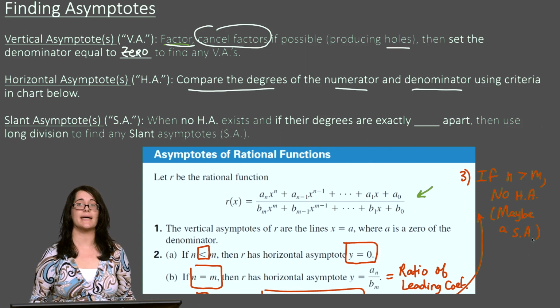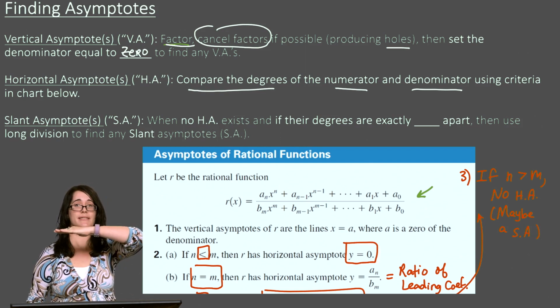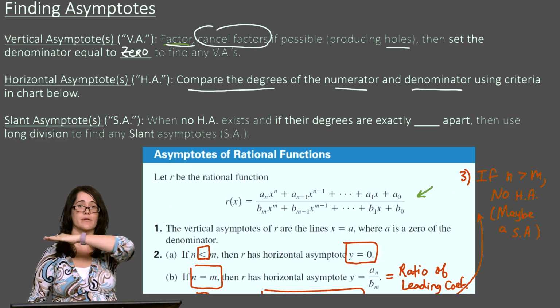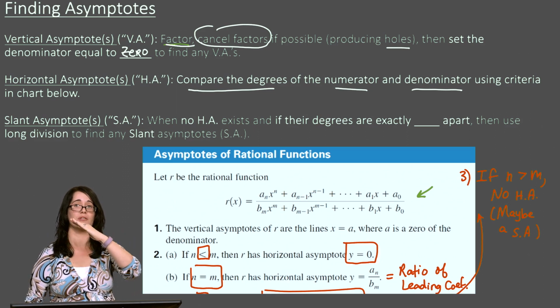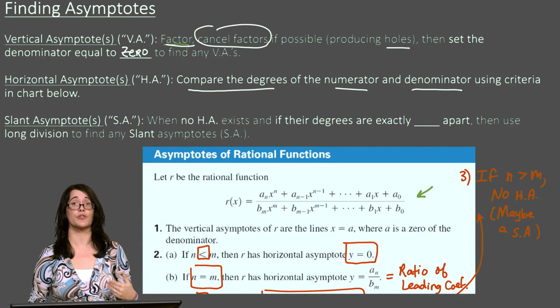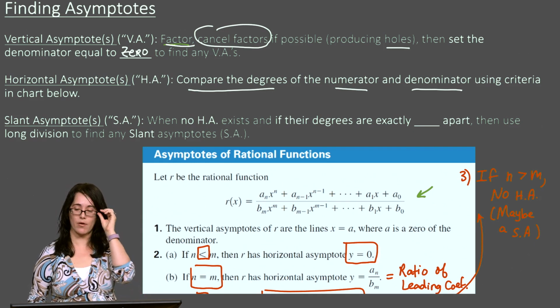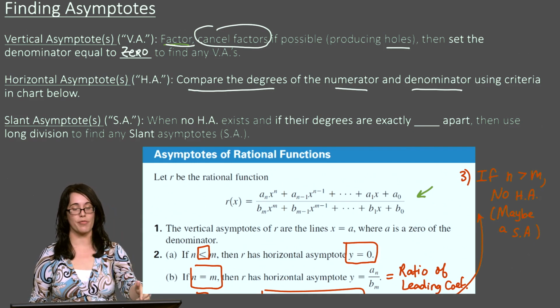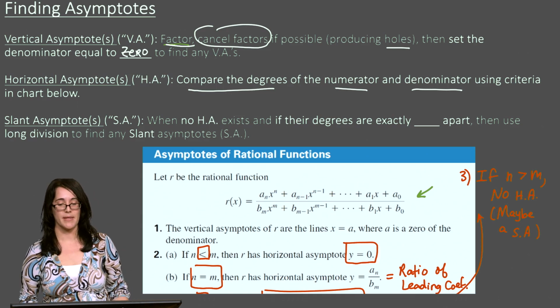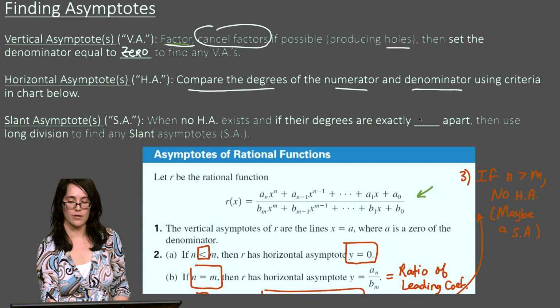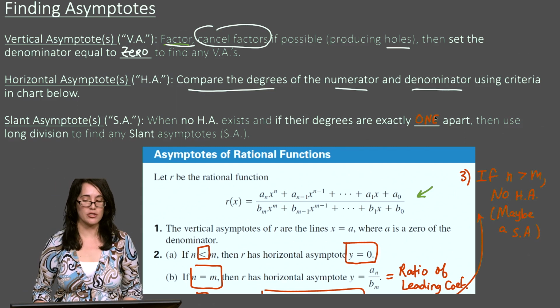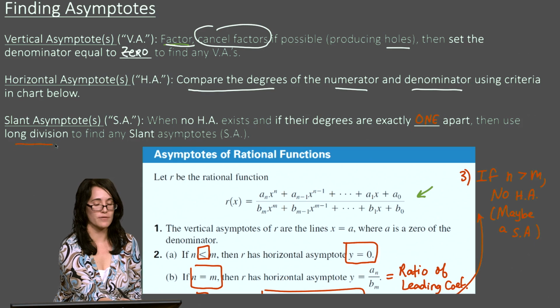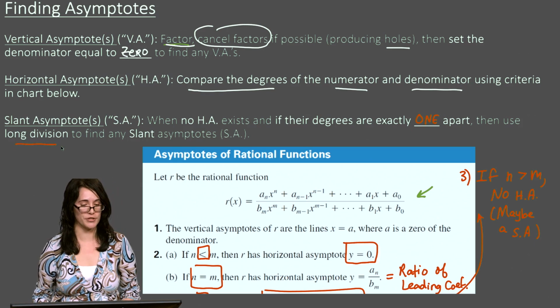What a slant asymptote does is instead of approaching a single y value as we go left and right forever, we approach a slanted line with a certain slope. To find the slant asymptote, when no horizontal asymptote exists and the degrees are exactly 1 apart, we could use long division to find any slanted asymptotes.